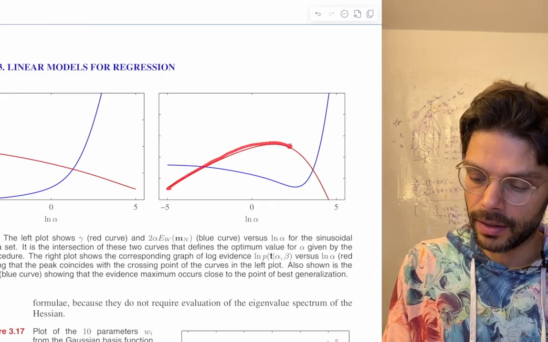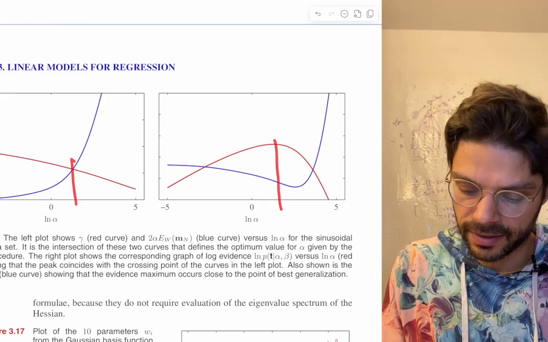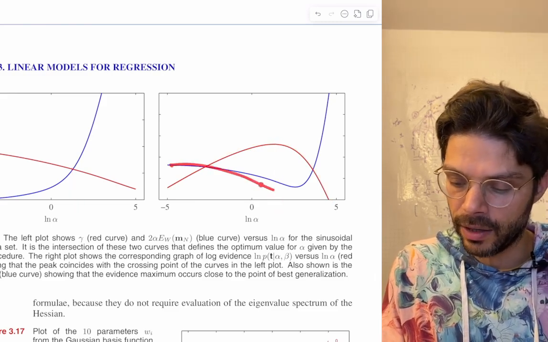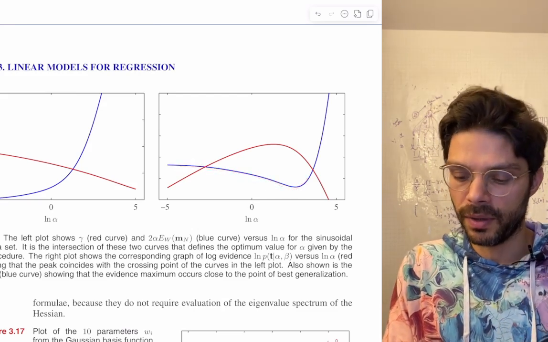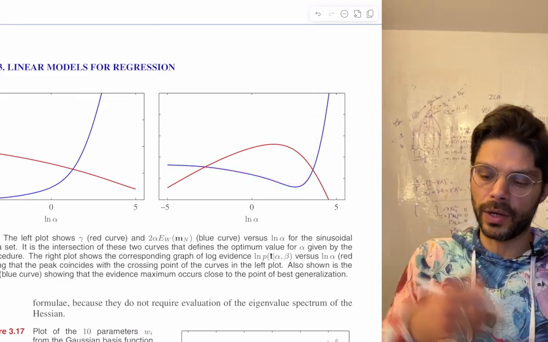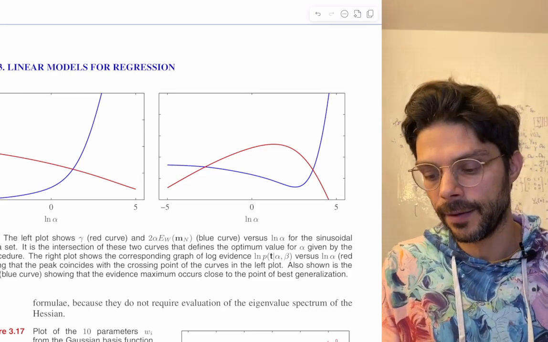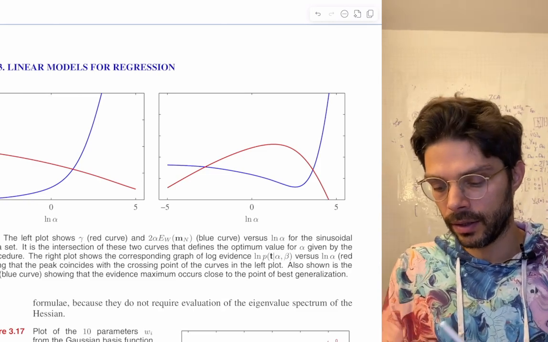This is the location of the log evidence, which is maximized at exactly this location, and he's comparing it to the generalization error. His measure of how well this procedure performed is the error when you leave out some data, estimate your parameters, and try to predict on the left out data.